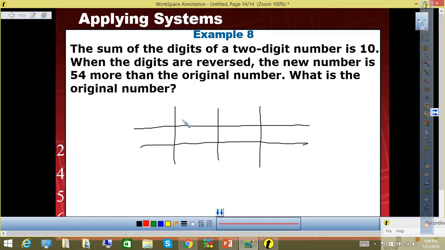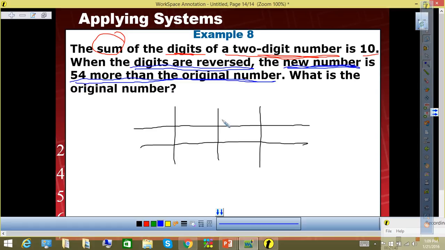So let's see what kind of information they give us here. The sum, that's important, of the digits, that's important, of a 2-digit number is 10. When the digits are reversed, the new number, that's important, is 54 more than the original.